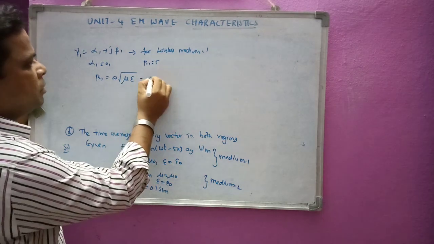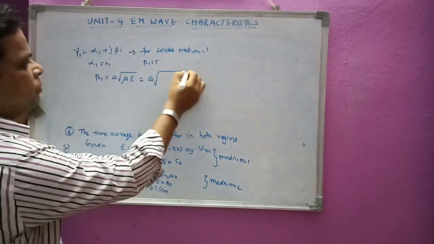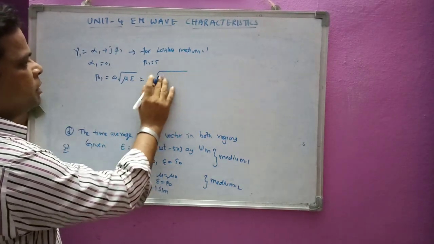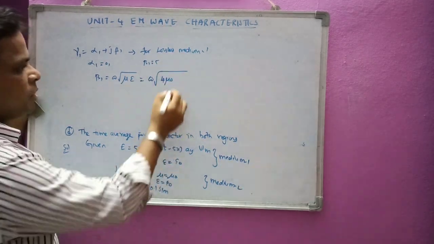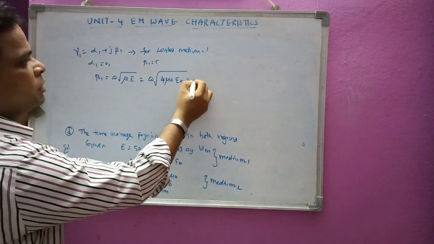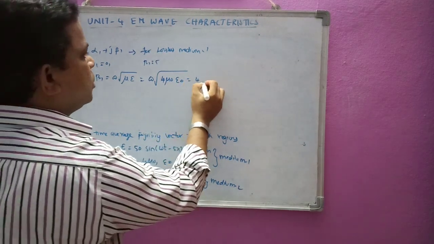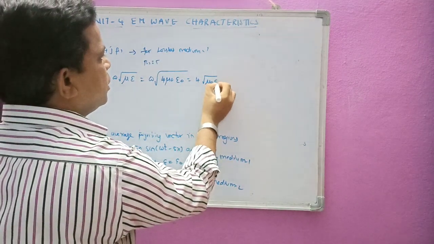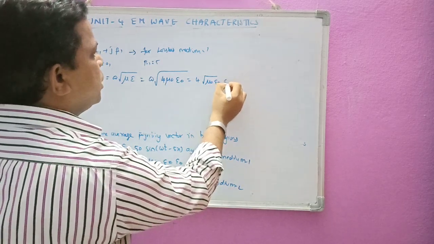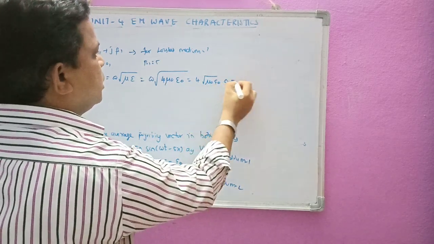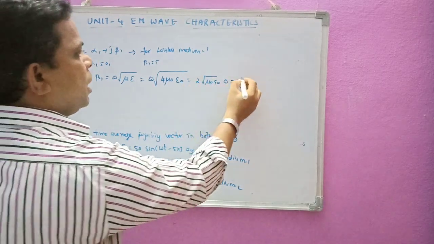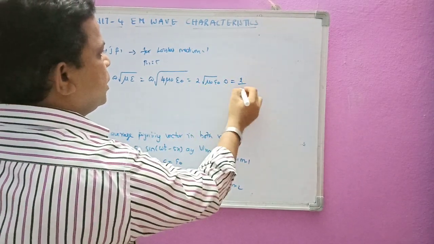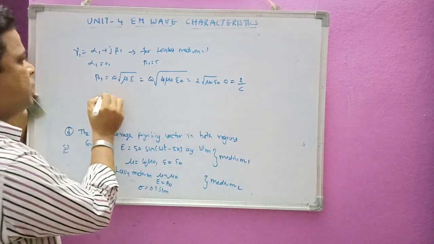Omega into square root of mu, which is 4 mu naught, and epsilon equal to epsilon naught, that is 4 into square root of mu naught epsilon naught into omega. The square root of 4 is 2, so 2 omega by c, giving beta 1 as 5.